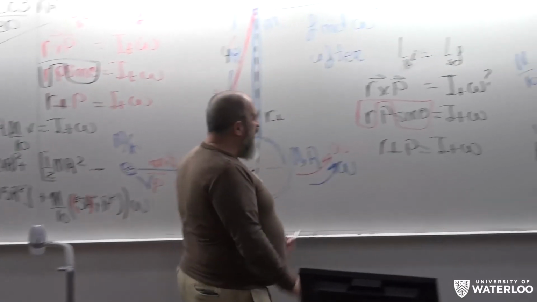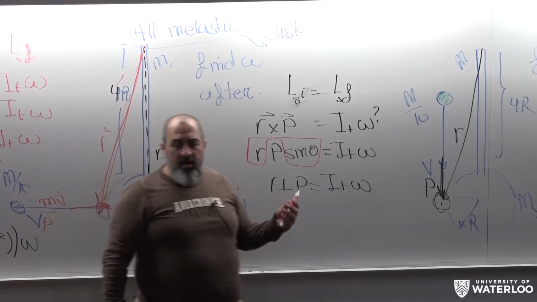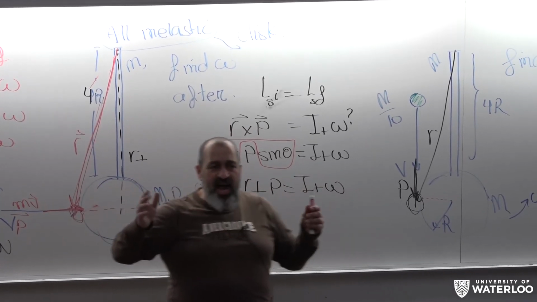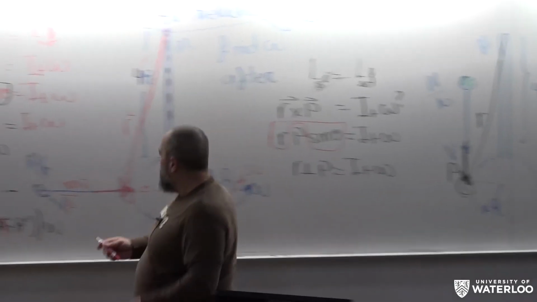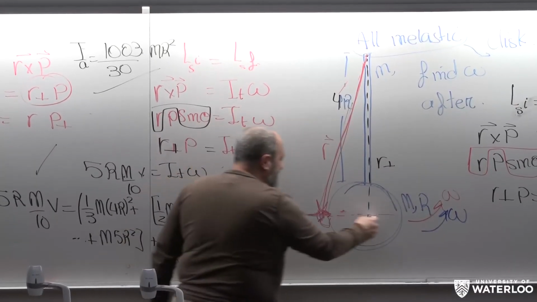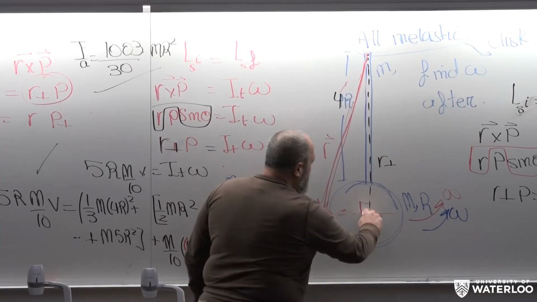So where is this R perpendicular P? How do you find R perpendicular? Guys, he did it wrong, but it worked out. How do you find perpendicular? What did you do here? This is the pivot. This is P. You stretch P until you find the perpendicular, okay? That is R perpendicular, this guy.